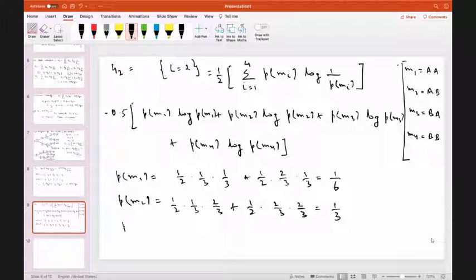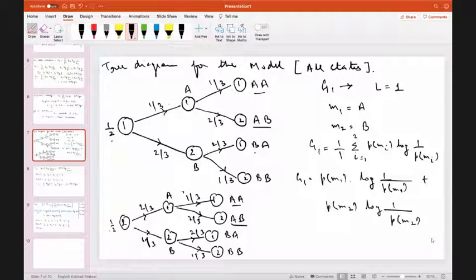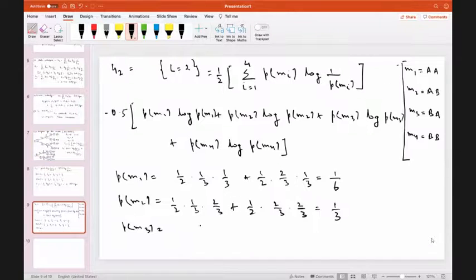So then we evaluate the probability of M3. I think M3 will also come out to be equal to 1/3. So this is BA. This is 1 upon 2 into 2 by 3 into 2 by 3, then 1 upon 2 into 1 upon 3 into 2 upon 3. So just the first case, I'm just going to write the probability. I'm sure you can evaluate it now.